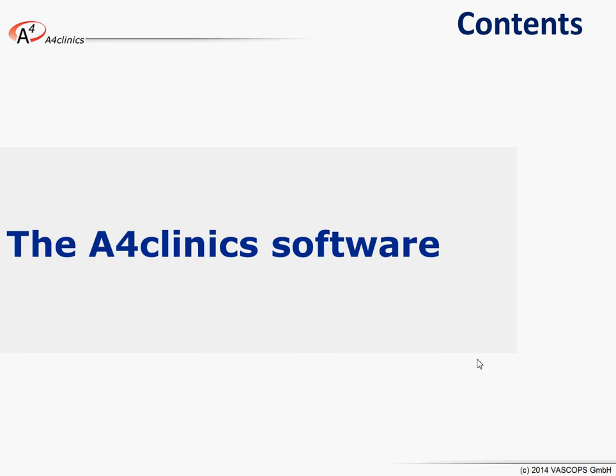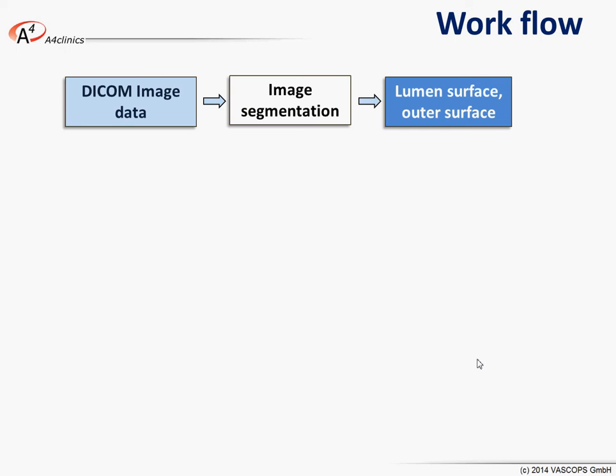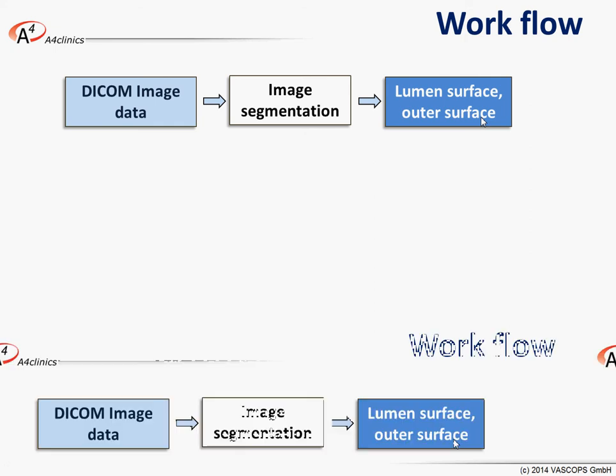Well, now let's continue with the A4 Clinics software, and first we're going to look at the workflow. In order to perform these volume measurements or this biomechanical risk assessment, we need image data that allows for a three-dimensional reconstruction, and here is the image data that then runs into this semi-automatic image segmentation tool. Within this image segmentation, the luminal surface and the outer surface of our aneurysm are identified or segmented.